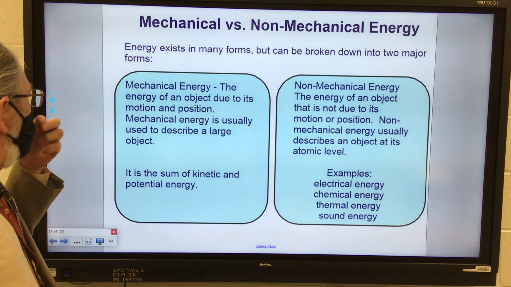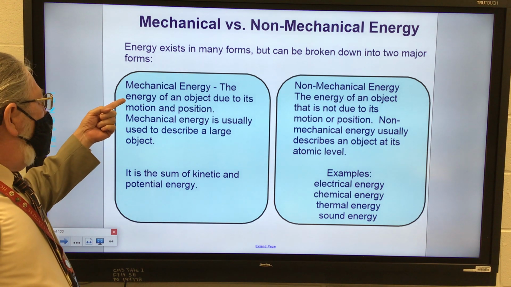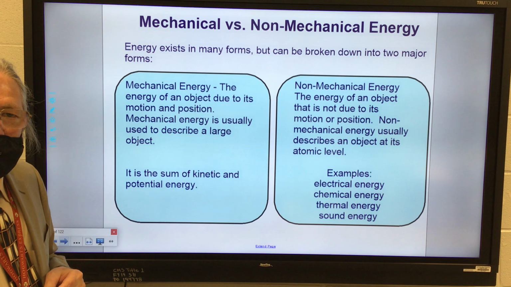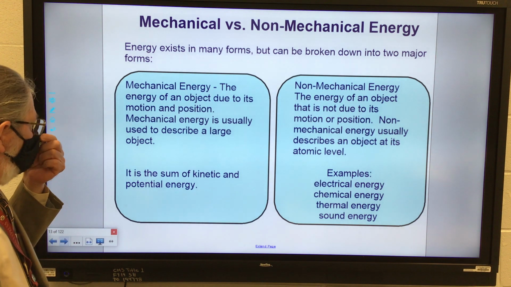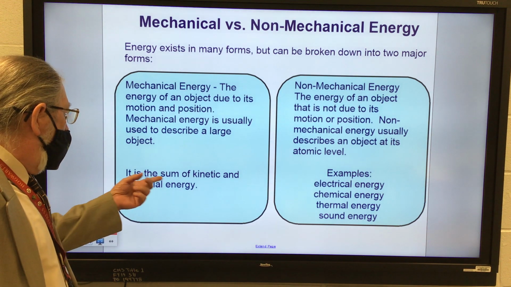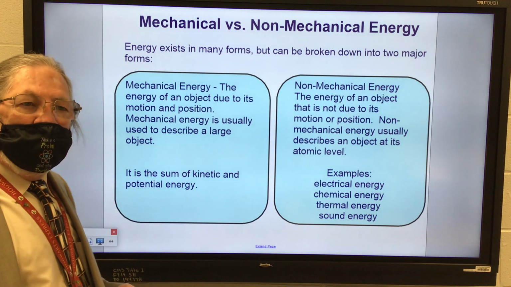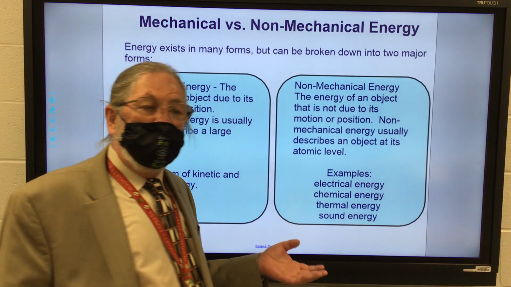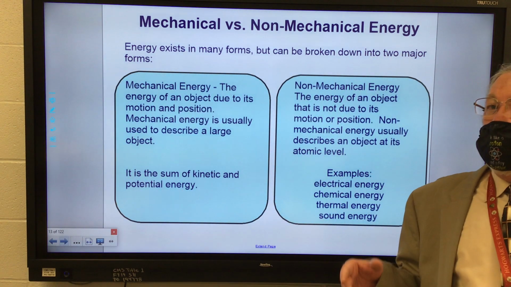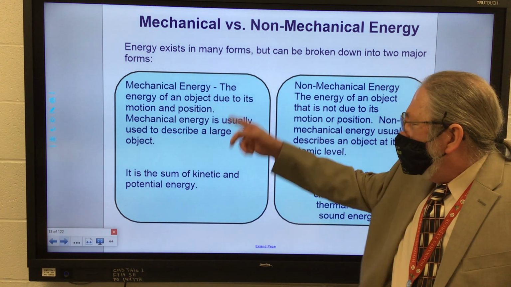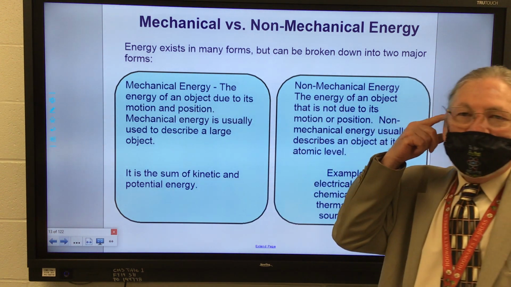Mechanical energy is the energy of an object due to its motion and position. It is usually used to describe a large object, and it's the sum of the kinetic and potential energy. We talked last year about kinetic and potential energy, and we're going to talk more about it.